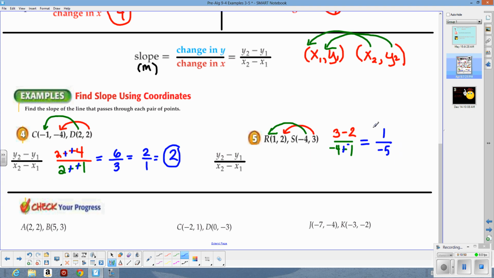Now, when you simplify this, if you have one negative, it doesn't matter if it's in the numerator, denominator, or in the middle. As long as there's only one negative, a positive divided by a negative is always going to be negative. So I'm going to go ahead and write it like this, -1/5.